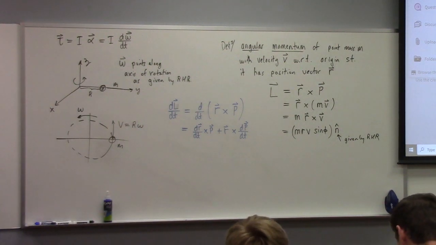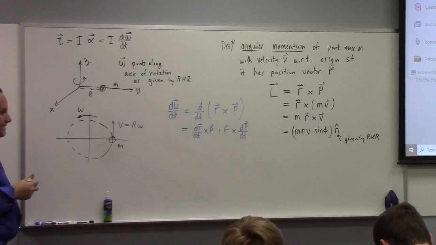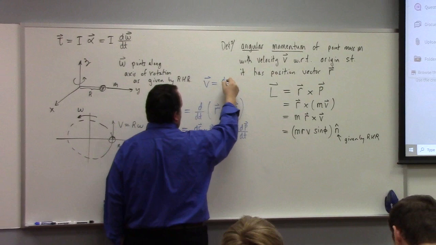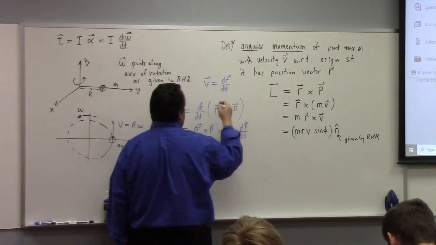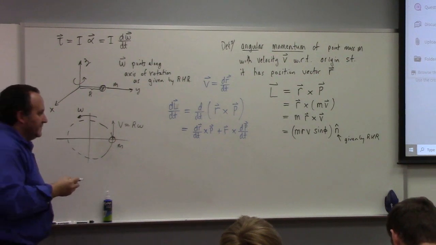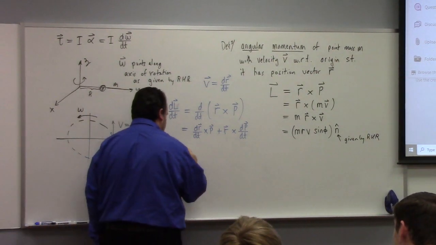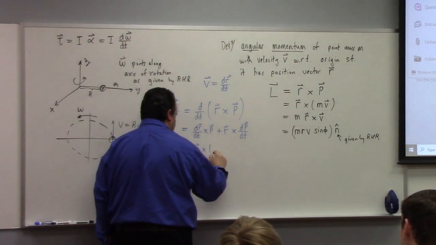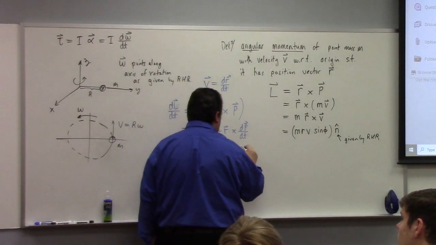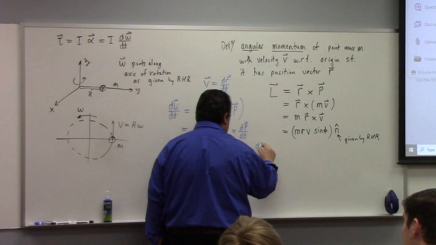Now what is dr/dt here? Remember that the velocity is dr/dt, right? So what we have is the velocity crossed with the mass times the velocity, plus r cross dp/dt.